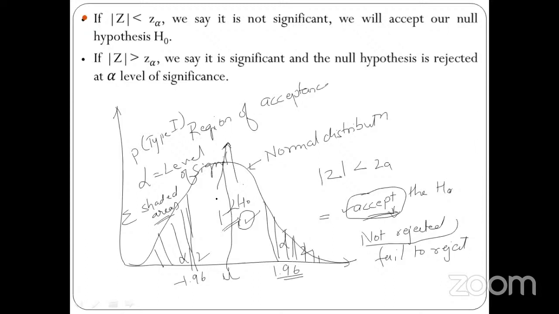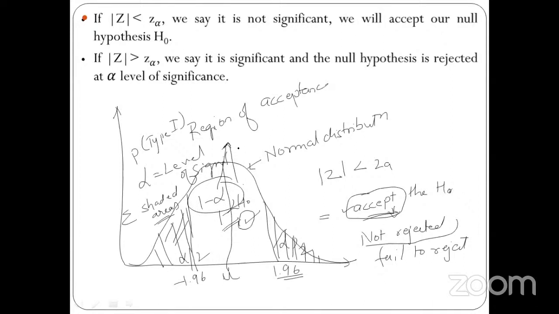This graph is the favorite part of economists from the statistics point of view. The completely shaded area is known as the critical region, and 1 minus the critical region is your area of acceptance.